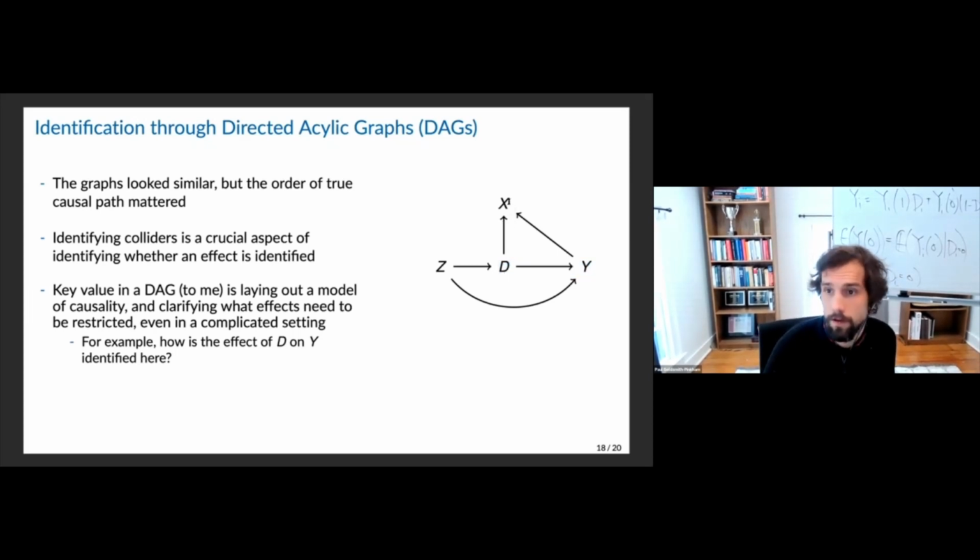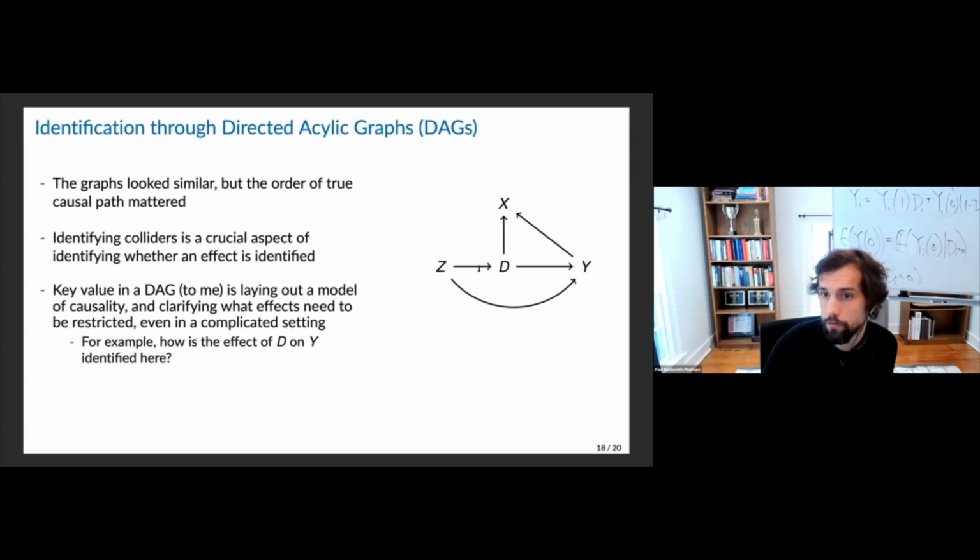There is X. So there's a path between D and Y, which is D to X, a backdoor path, which is D to X to Y. And then there's another backdoor path, which is D to Z to Y. But X, remember here, is a collider and Z is a confounder, right?